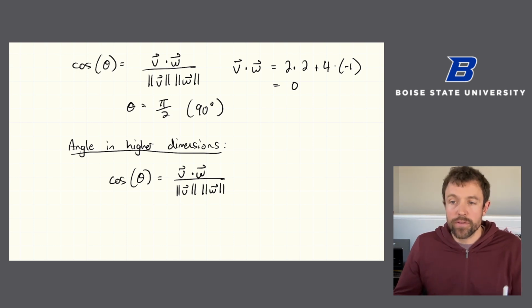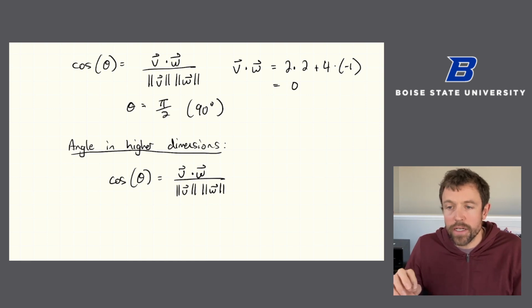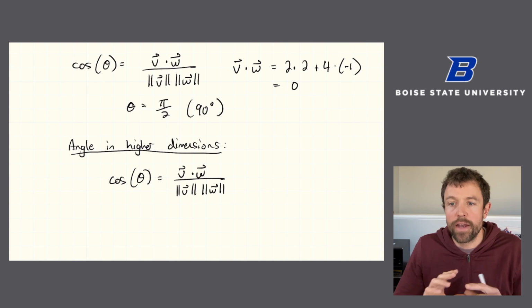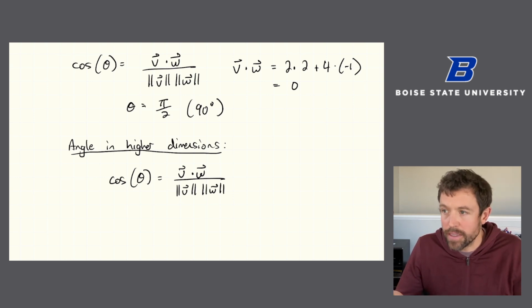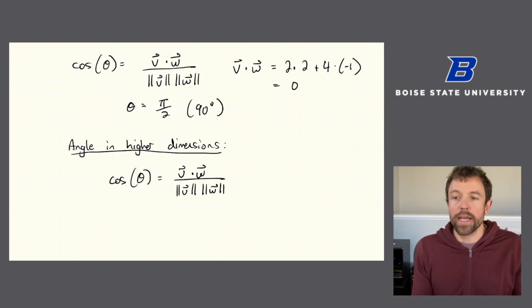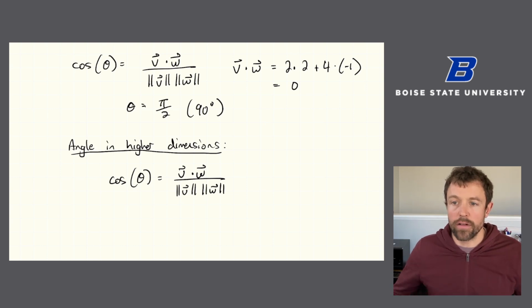And this will be useful. Angle will be useful for us in higher dimensions. In particular, we'll be interested in when two vectors have a 90-degree or pi over 2 angle between them. What we would call perpendicular, but what we'll start calling orthogonal, generalizing the idea of perpendicular vectors in regular 2- and 3-dimensional space.